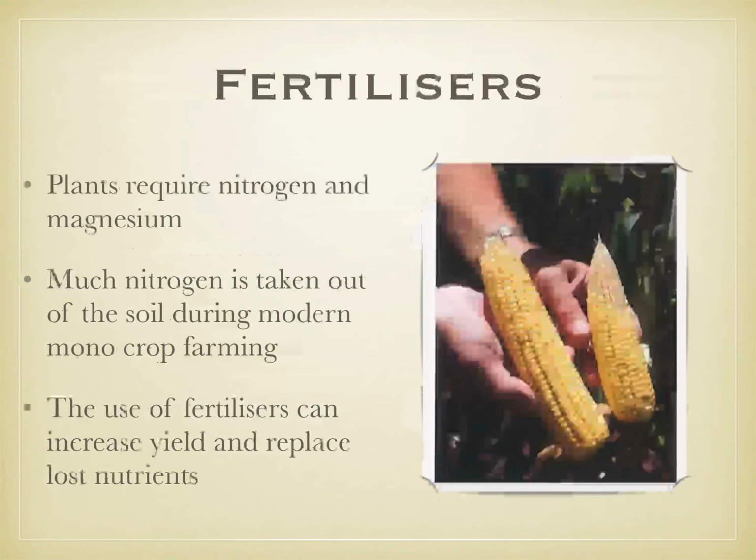So any nitrogen and magnesium that were in those plants, that the plants had absorbed from the soil, are being removed from that ecosystem. So what would happen over time is that the crop production would get less and less as the soil became less and less fertile and had fewer nutrients.